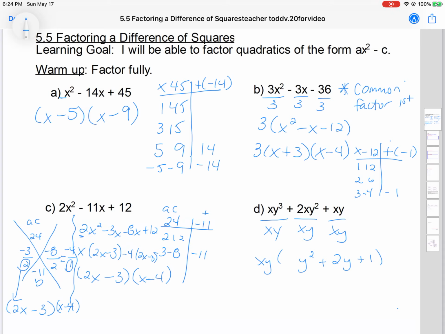Even though those are y's, you can still factor it like we've been doing. So now the common factor is xy. This is a rarer case, but it's still possible. So it multiplies to give 1, adds to give positive 2. Well, the good news is there's only one choice, it has to be 1. Positive 1, positive 1. You can also write this like y plus 1 squared.